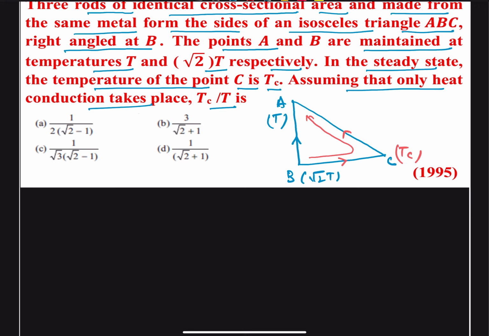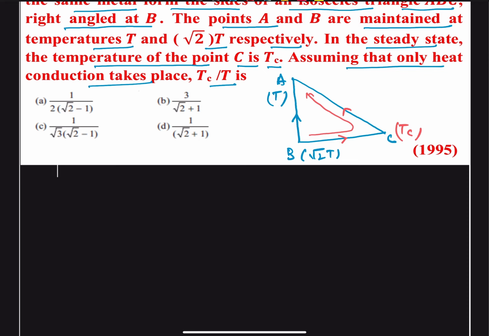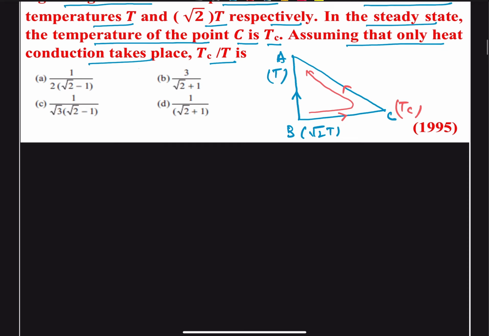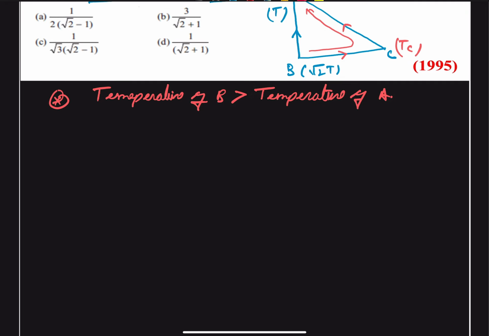So we start from there, that the temperature of B is greater than the temperature of A. Therefore, heat conduction takes place to point A through two paths.